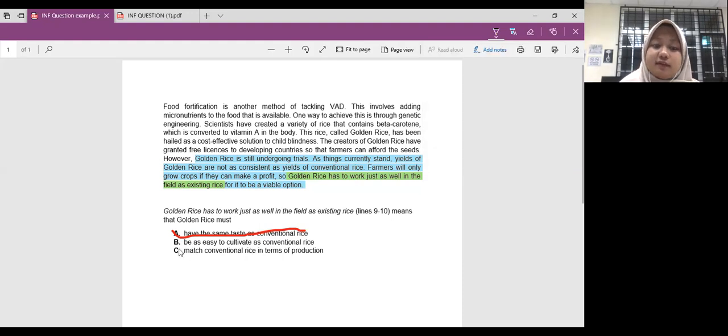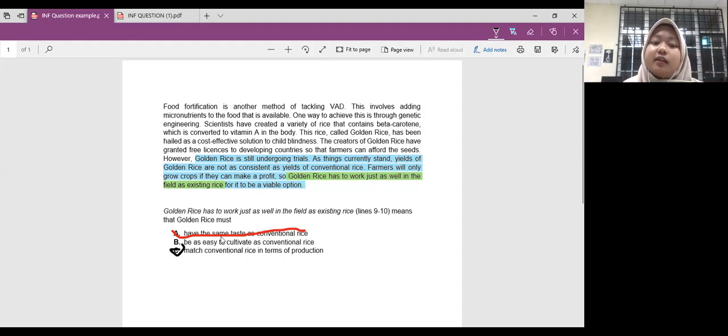This is because, referring back to what I've highlighted, golden rice is still undergoing trials. As things currently stand, yields of golden rice are not as consistent as yields of conventional rice. Farmers will only grow crops if they can make a profit, so golden rice has to work just as well in the field as existing rice for it to be a viable option.